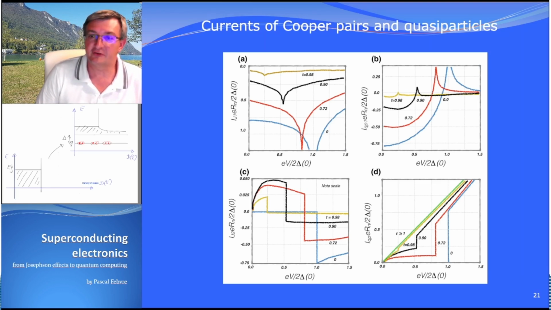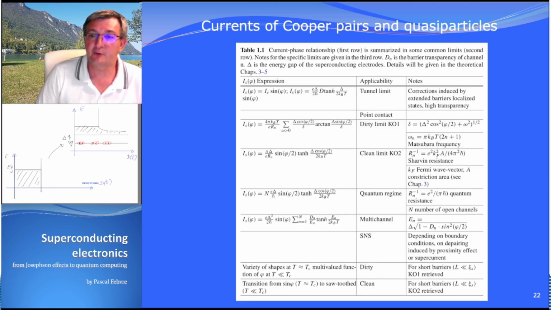The current is a consequence of the difference of phase, basically. So the most important formula that we always use is this one, the Josephson current. I'm just talking about the Cooper pair current: a critical current, a maximum value that you can have, times the sine of the phase, basically. Right? This is the most important current.